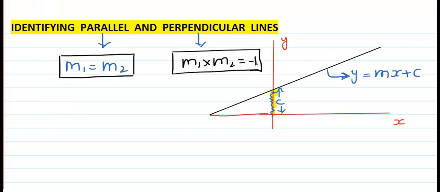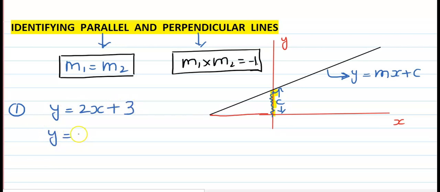Let's see a couple of examples, and in these examples you need to find whether the lines are parallel or perpendicular. If I say y equal to 2x plus 3 and y equal to 2x plus 7, are these two lines parallel or perpendicular? If you see here, with x what is there? 2.